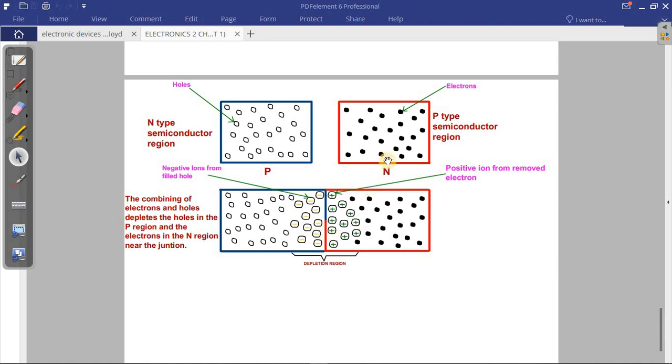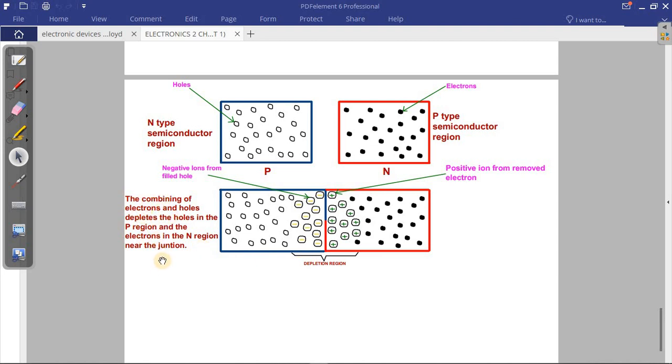When they come together, because in the N region we have electrons as the majority carrier, and in the P region we have holes as the majority carrier, these two regions form what we call the depletion region, where we now have positive ions from removed electrons and negative ions from filled holes. So here is the summary of the depletion region, you can use it as the definition.